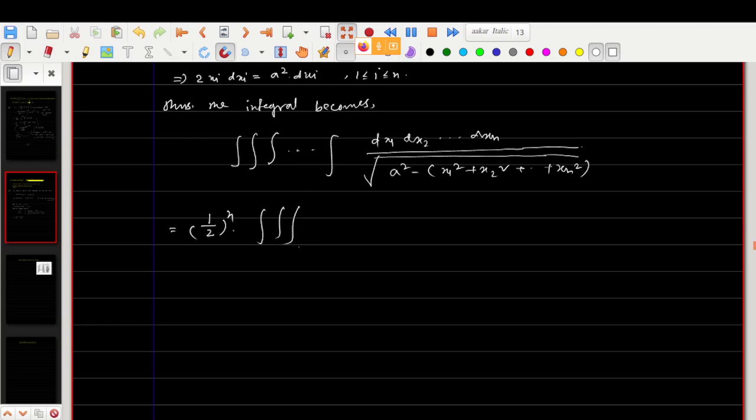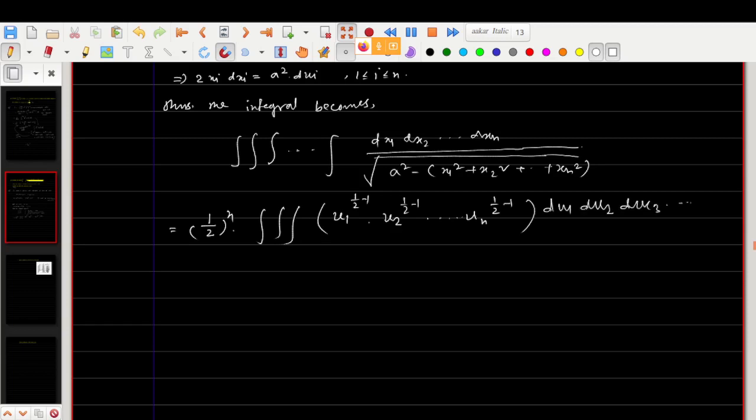Okay, so if you now put the value of dxi, the variable powers will be u1 whole power half minus 1, u2 half minus 1, dot dot dot un half minus 1, and there it will be du1 du2.